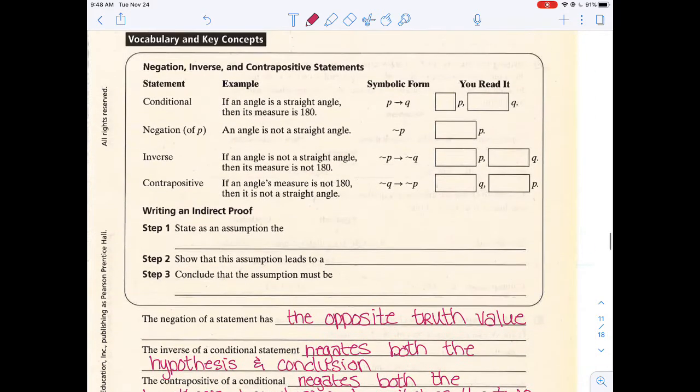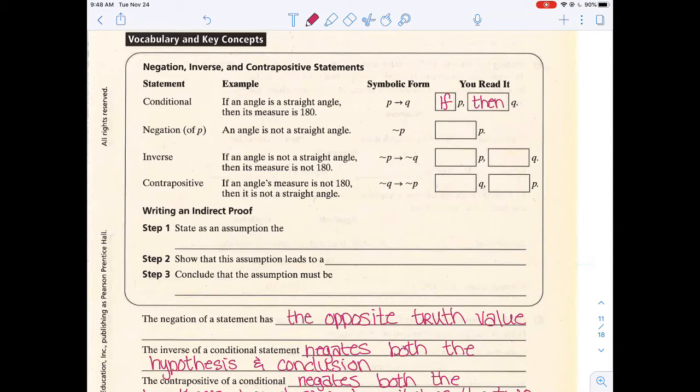Okay, so let's back up and check out some of these key concepts here. The first is a conditional statement. The example is if an angle is a straight angle, then its measure is 180 degrees. So it's an if something happens, then another thing. We write this P arrow Q, and the way you read that symbol is to say if P, then Q. Okay, the negation of a statement.